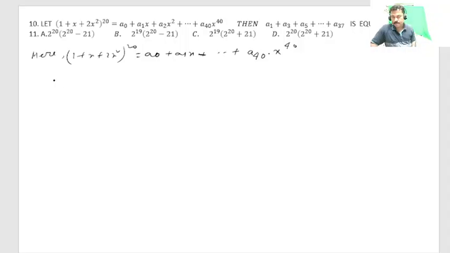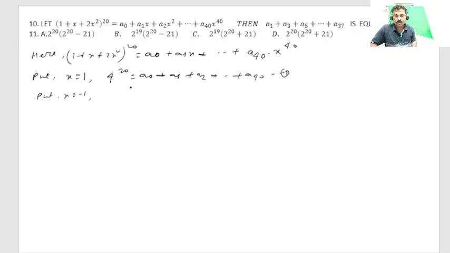Okay. We just put x equals 1 here. So 4 to the power 20 equals a0 plus a1 plus a2 and so on to a40, number 1, and put x equals minus 1 here. So here we get 2 to the power 20 equals a0 minus a1 plus a2 and so on to a40.